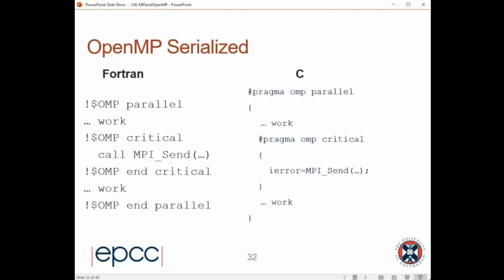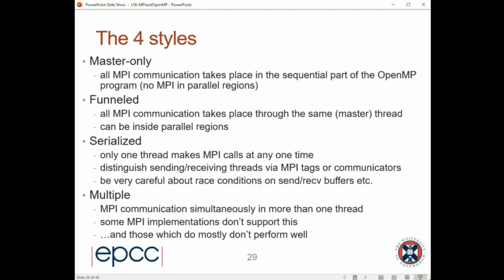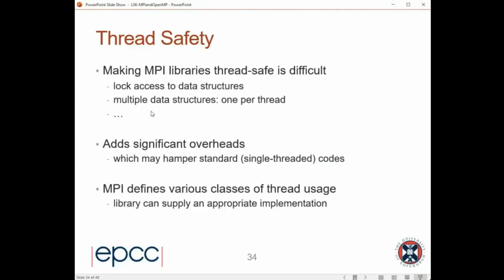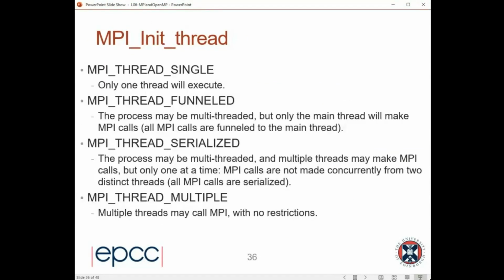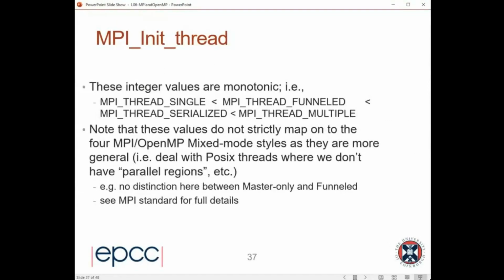So technically, if you're doing the master-only model, you should really initialize with the funneled style, because that means the process may be multi-threaded, but only the main thread will make MPI calls. The issue is that the MPI library is written for general threading, and we're talking about OpenMP here. But that's a bit of a technicality. I don't think it's a big issue.